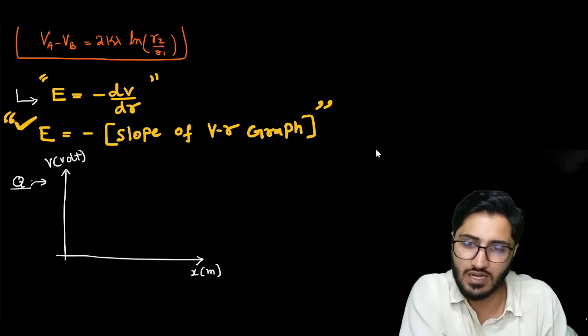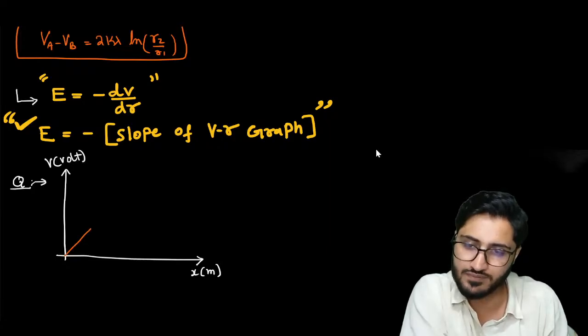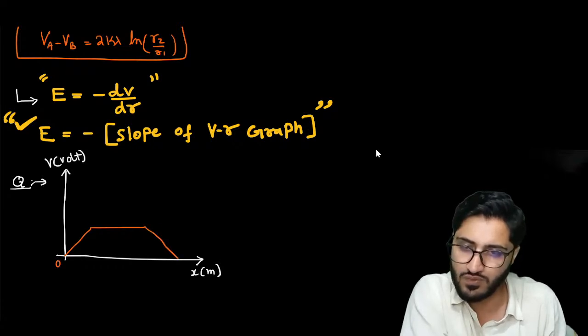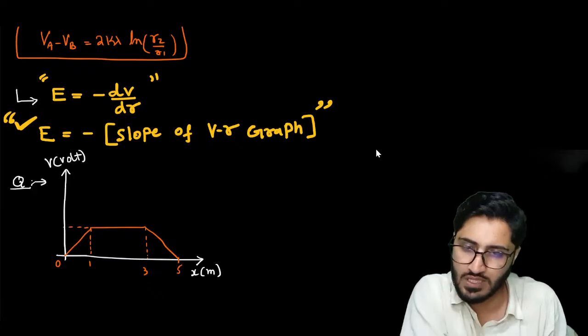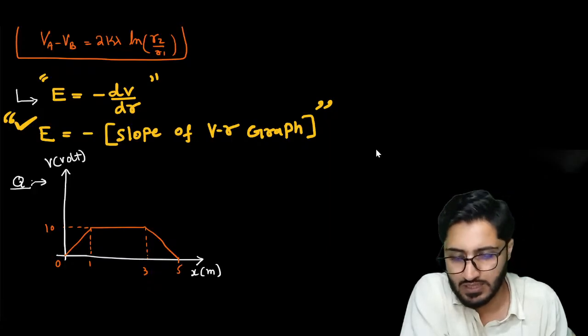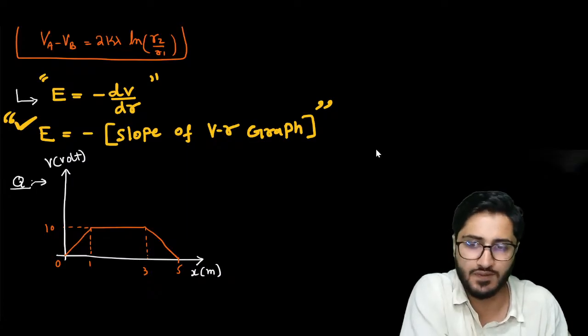The graph has points 0, 1, 3, 5, and 10, and this represents my graph.